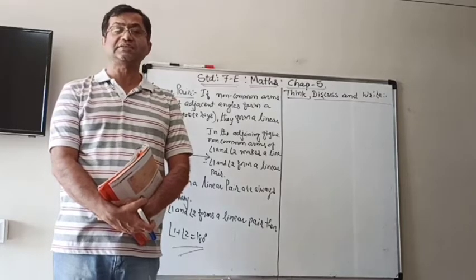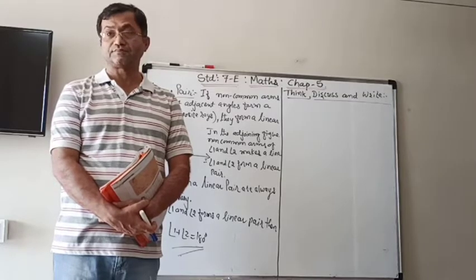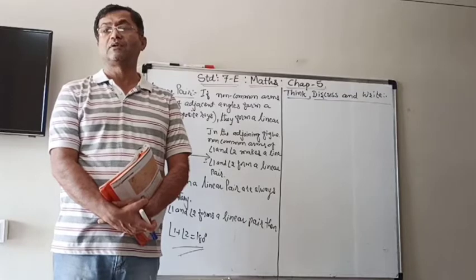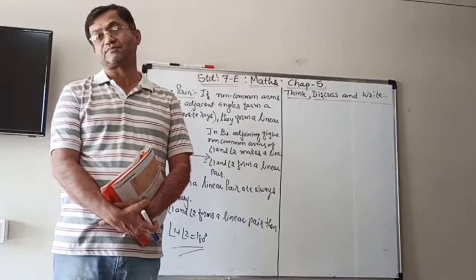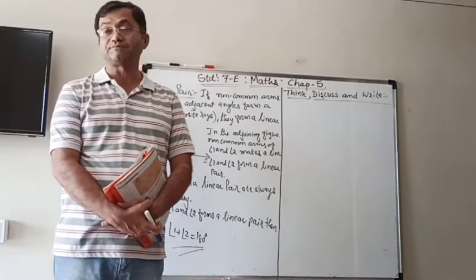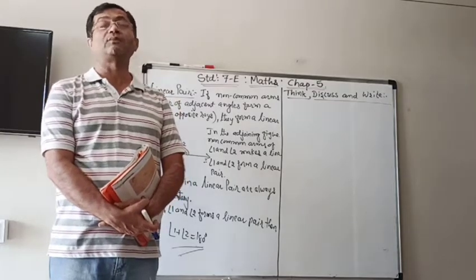First condition is that they have a common vertex. Means both the angles must come from the single common vertex. Second, they must have a common arm. So one of the arms must be common for both of the angles.